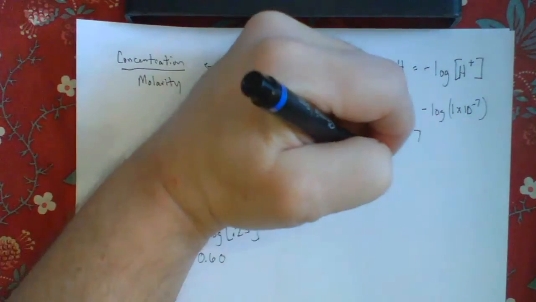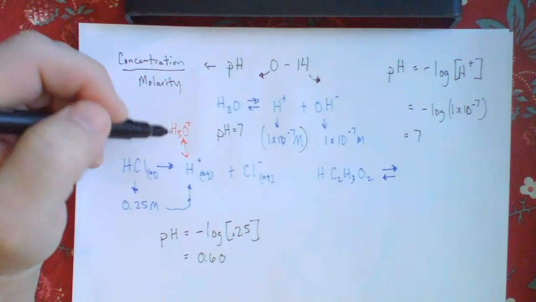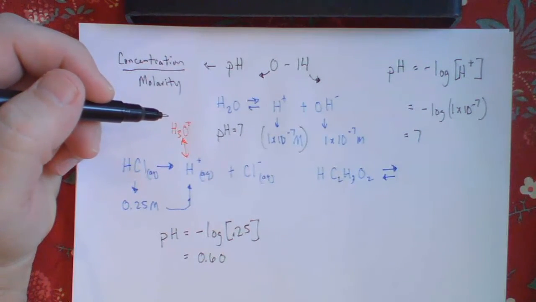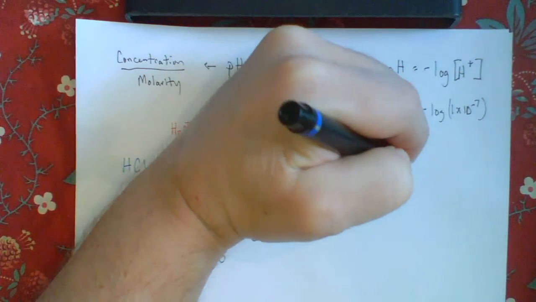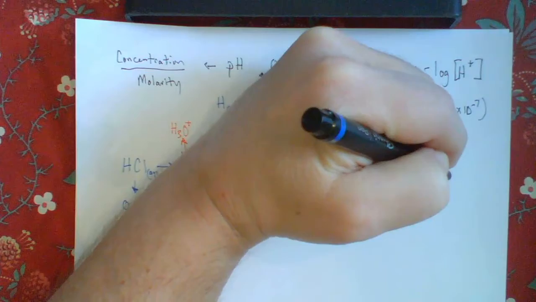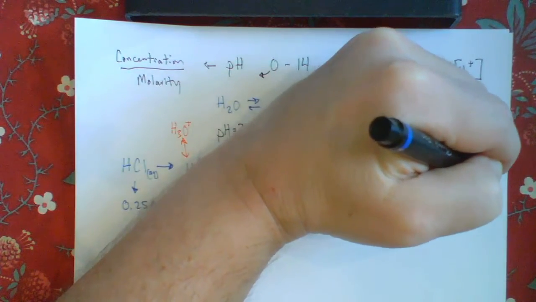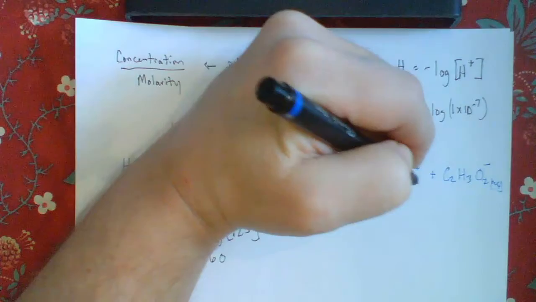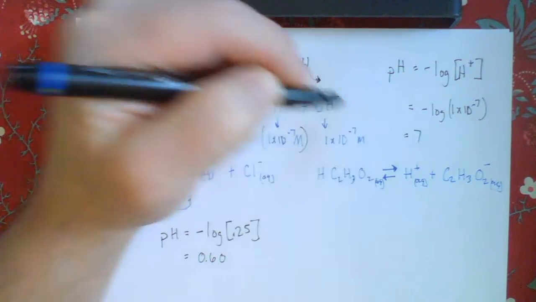If we look at this, this one doesn't dissociate completely. This is going to be a key indication of the difference between types of acids. When it dissociates, it forms some hydrogen ions and acetate ions, and they're aqueous in our solution. We have an aqueous solution of acetic acid.